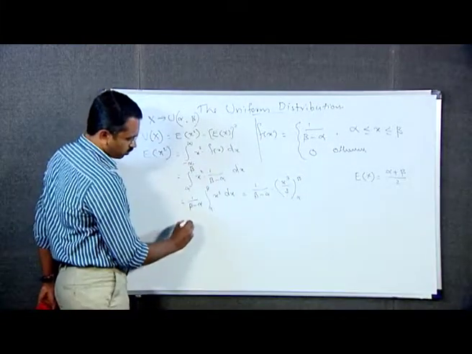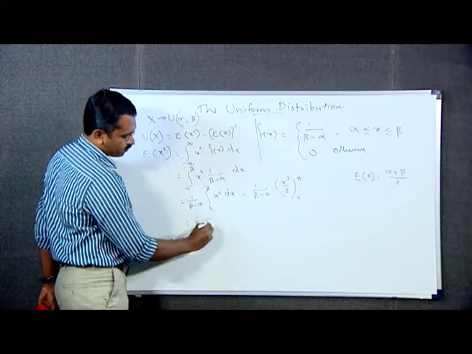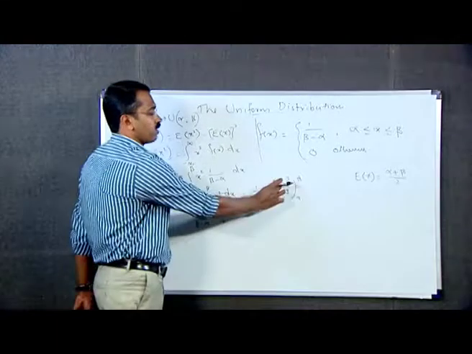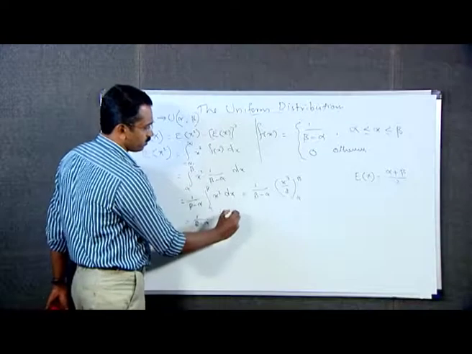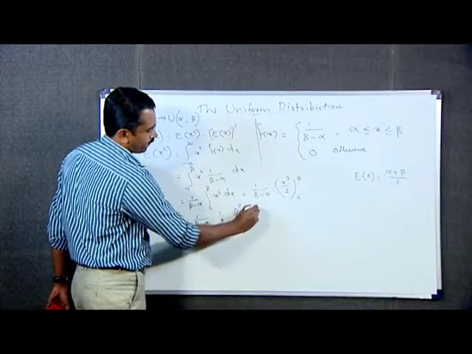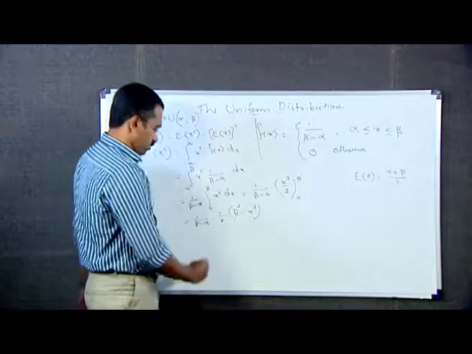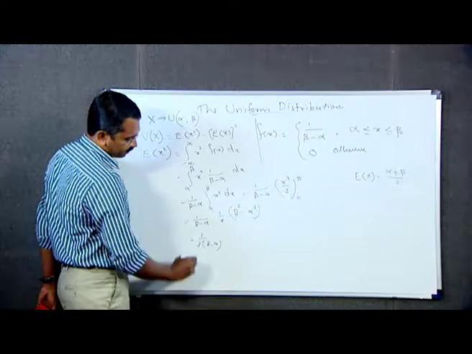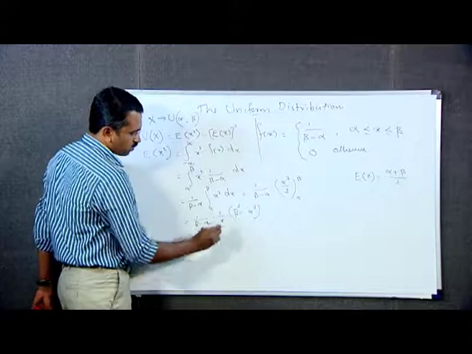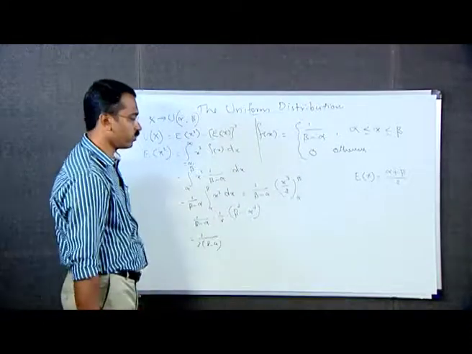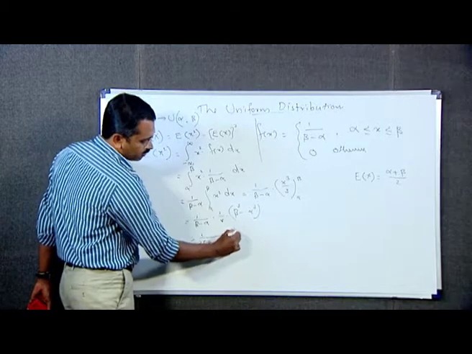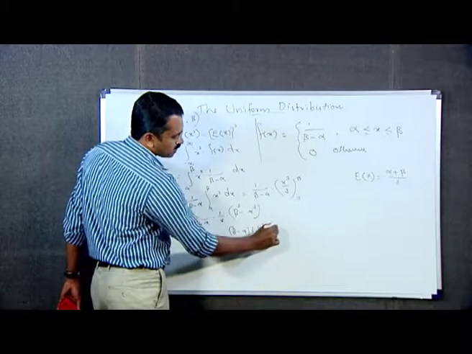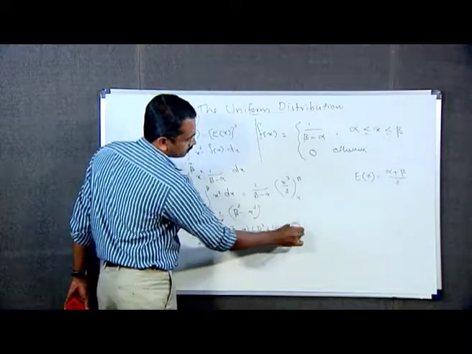That is equal to 1 by beta minus alpha into 1 by 3 into beta cube minus alpha cube, which is equal to 1 by 3 into beta minus alpha into, this beta cube minus alpha cube can be written as beta minus alpha into beta square plus alpha beta plus alpha square.